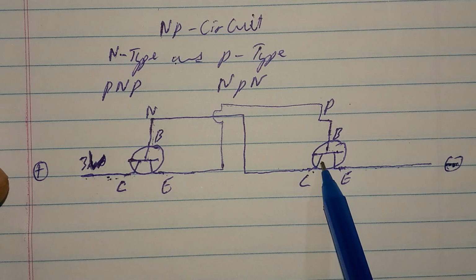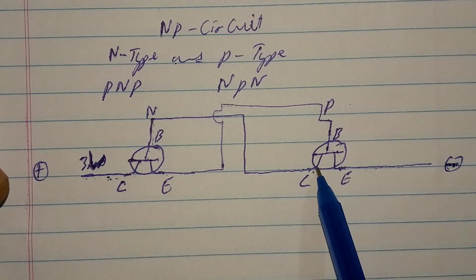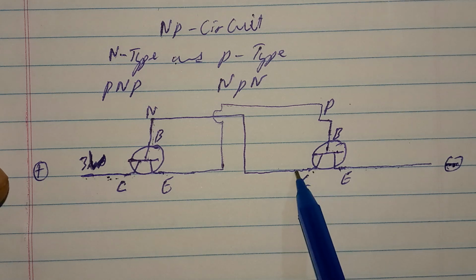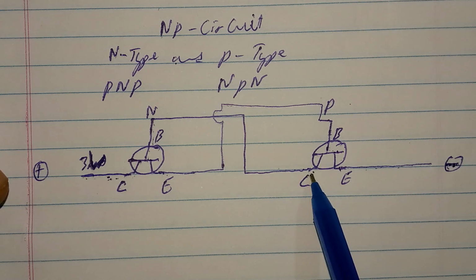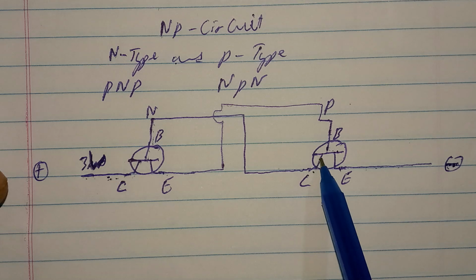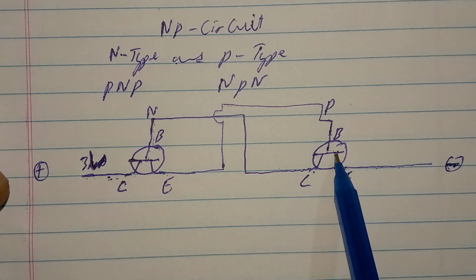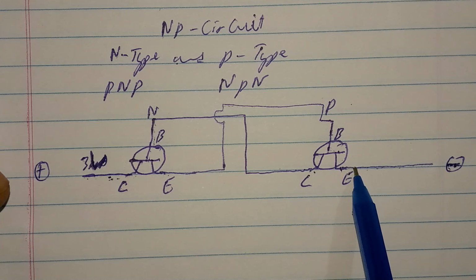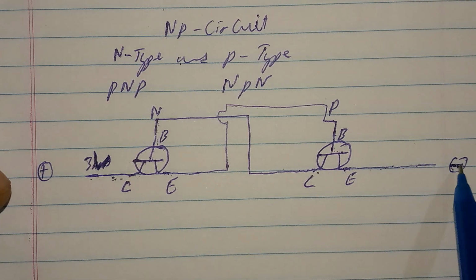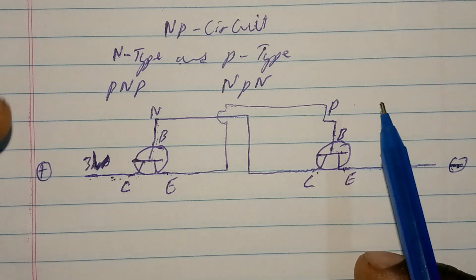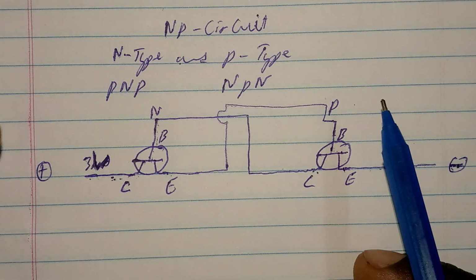When there is a base voltage here, then this transistor, the P-type transistor, will be switched on, and now a voltage will move from the collector to the collector emitter junctions of this transistor, and then move to the emitter here, then back to the negative. So this is actually the P-type circuit.